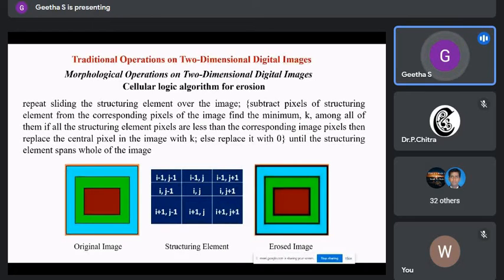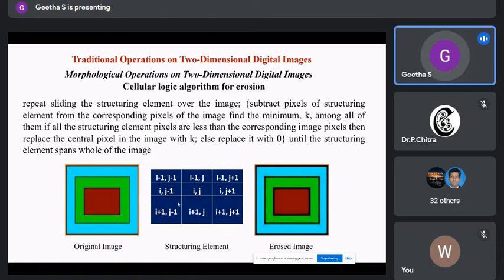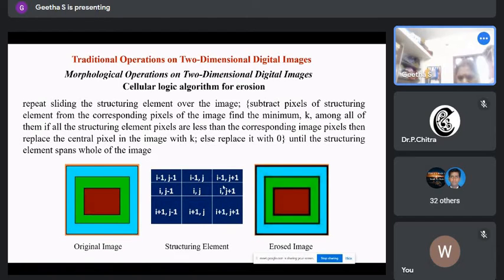Among all of them, if all the structuring element pixels are less than the corresponding image pixels, then replace the central pixel in the image with k. Otherwise, replace it with 0, until the structuring element spans the whole image. So this is the original image. Now we are using the structuring element. After that, the eroded image.